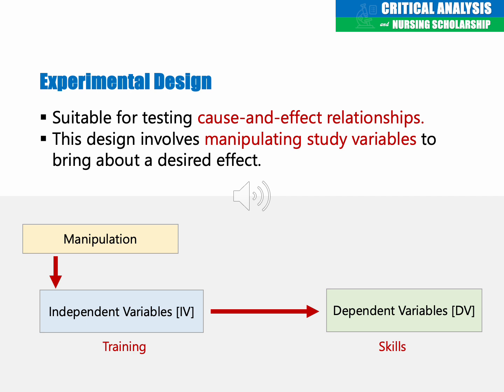For example, if you wanted to introduce a training program and observe its effect on the dependent variable, which is skills, here we can use experimental research design. In here, the researcher manipulates the independent variable by introducing a training.